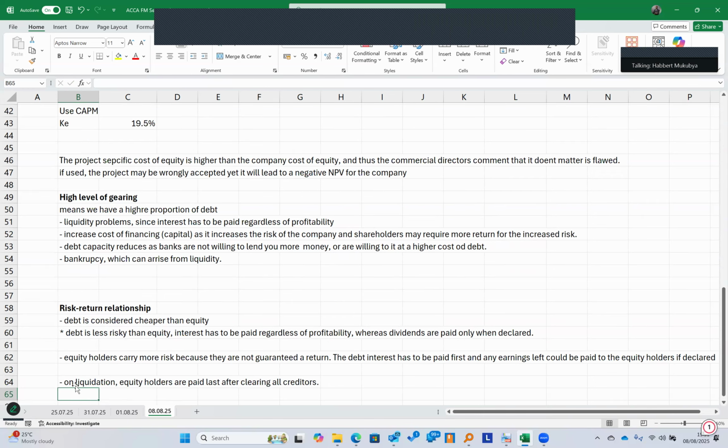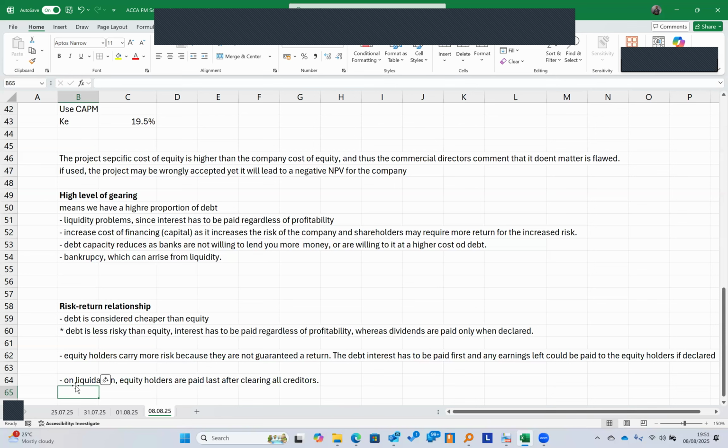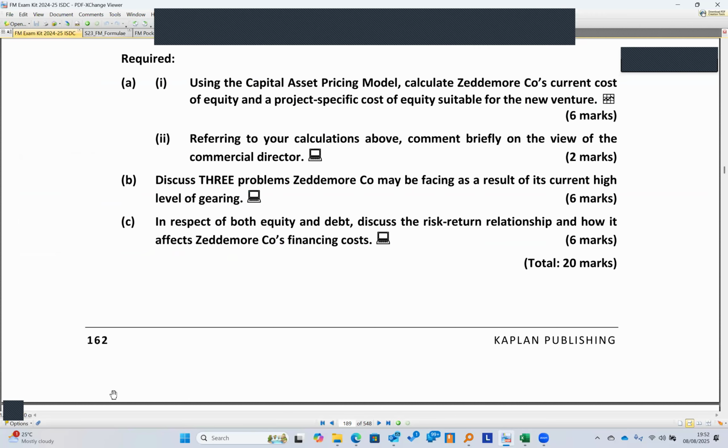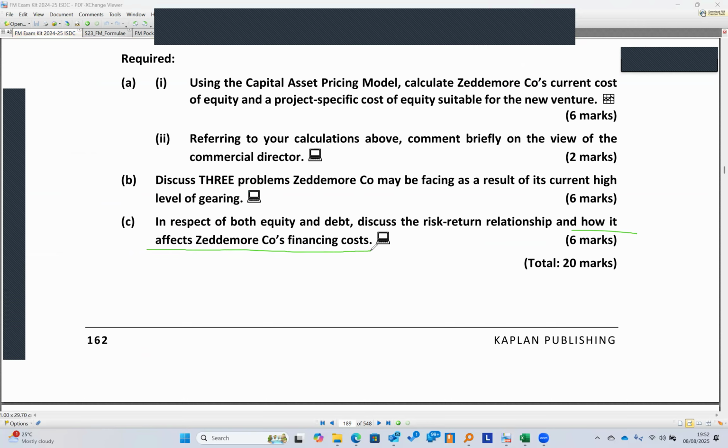So these are several reasons why equity is more expensive compared to debt. Of course, you may look at this question, and we have discussed the risk-return relationship, but now we are going to see how it affects Zeddemore's financing costs.